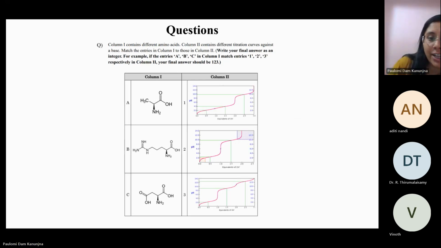So if you take column 1, A, which graph in column 2 belongs to the first amino acid or first molecule?